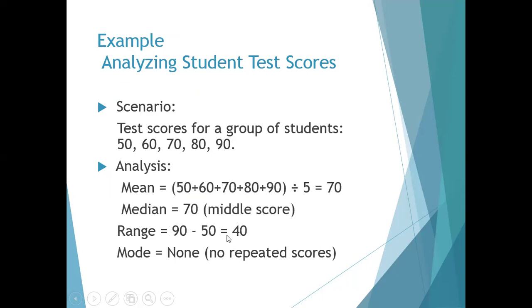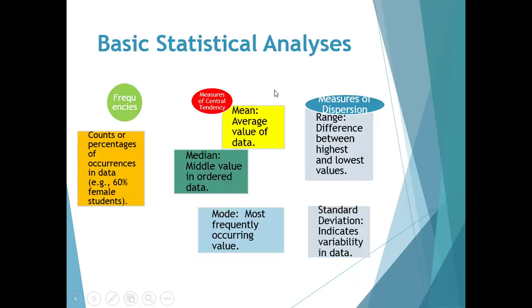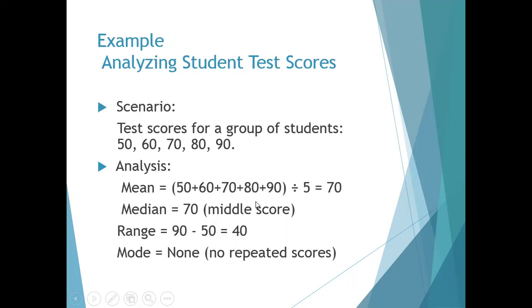You have the range is 4. You don't have mode in this. Why? Because no repeated scores. It says about mode, most frequently occurring value, no? For example, in this value, you had a 70, 70, 270. You are going to mode, it will be 70, okay? That's easy, as you see, this analysis, no?